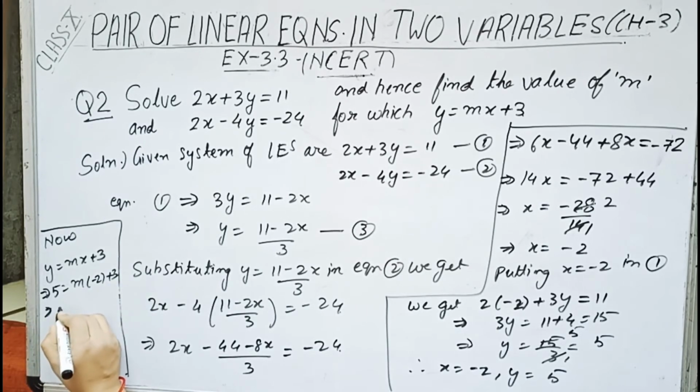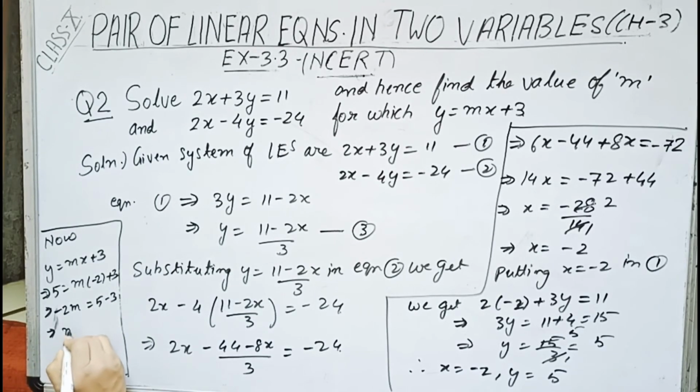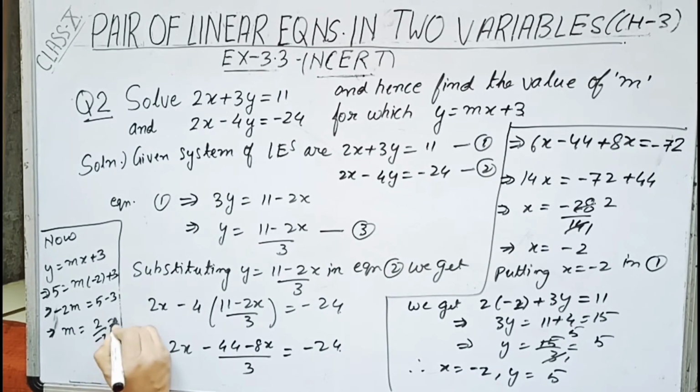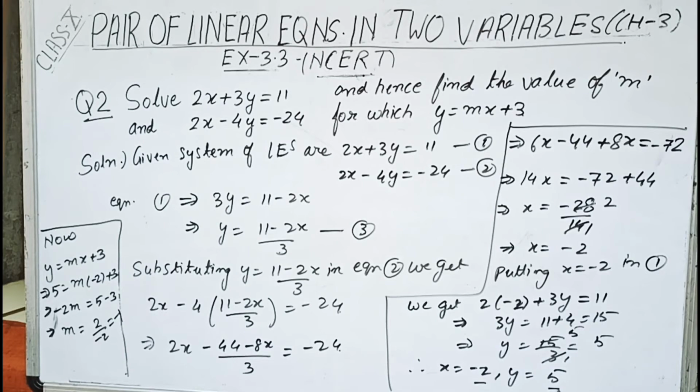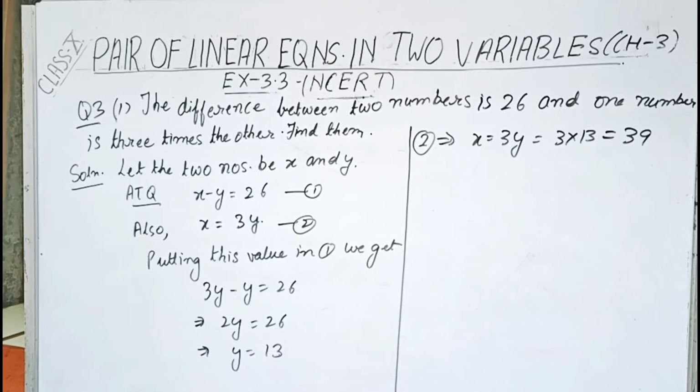This implies minus 2m equals 5 minus 3. This implies m equals 5 minus 3 is 2, 2 by minus 2 equals minus 1. Thus we get x equals minus 2, y equals 5 and m equals minus 1. Answer. Let us go to question number 3.